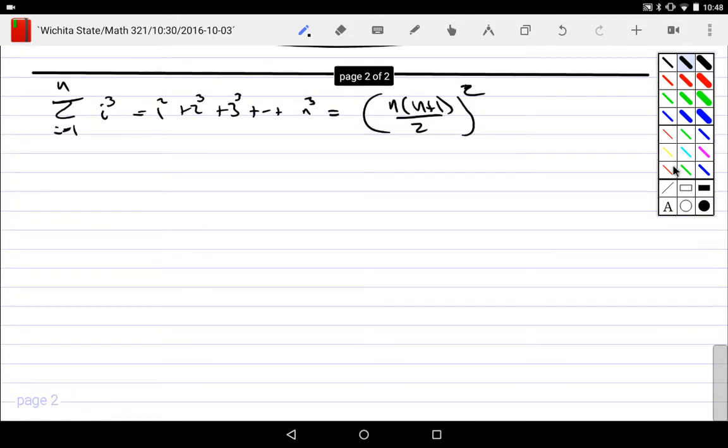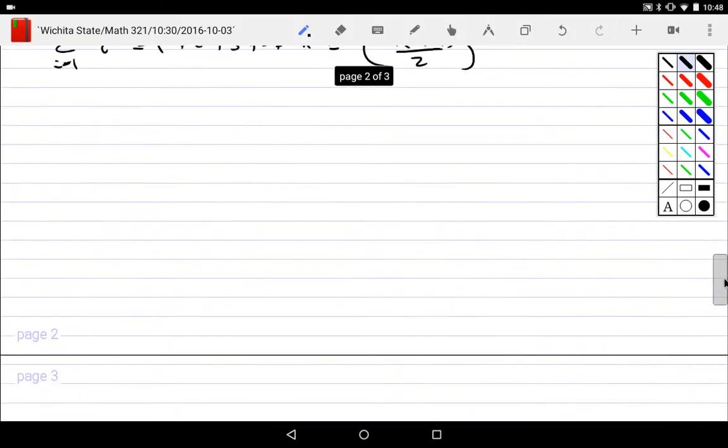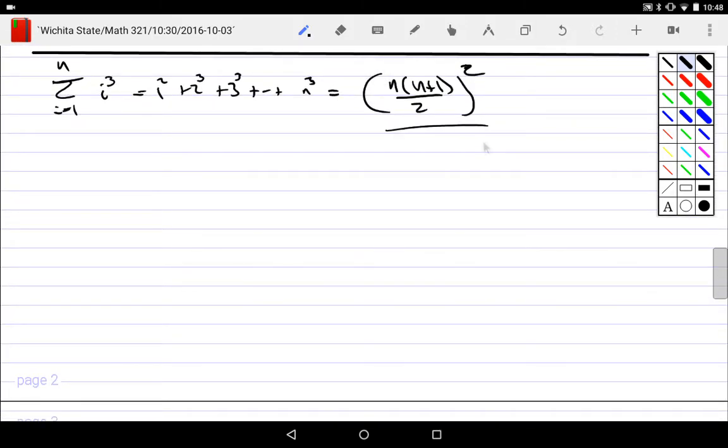And so that would mean that is a square. That means my shape must be a what? A square. What's inside that square? What's the length of the side? N times n plus 1 over 2. Does that look familiar? That's 1 plus 2 plus 3 plus 4 plus everything up to n, right?